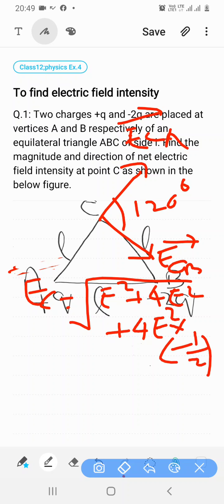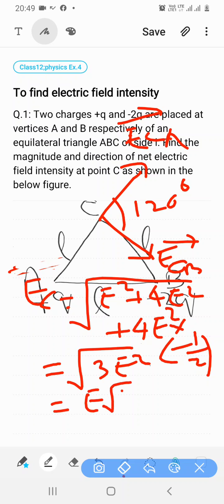So 2 to the 4, so it will be 5E square minus 2E square, that is 3E square, and it will be E root 3.